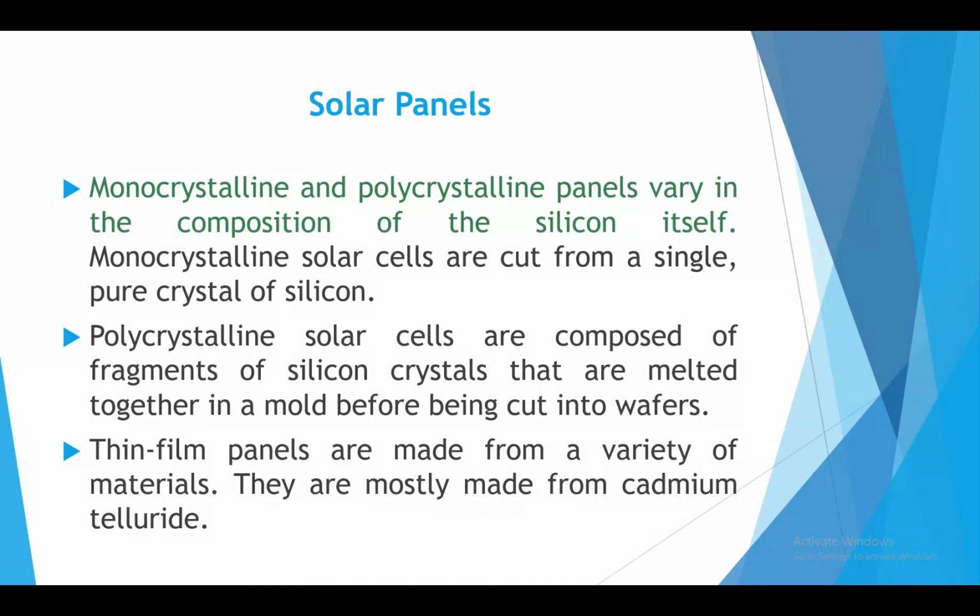So this is the basic difference between the two. The third type of solar panel is called thin film, made from a variety of materials, but mostly from cadmium telluride. So these are the different types of solar panel: monocrystalline, polycrystalline, and thin film.